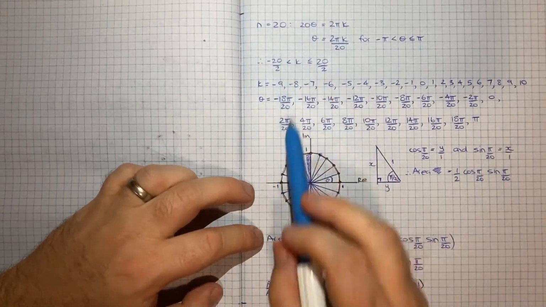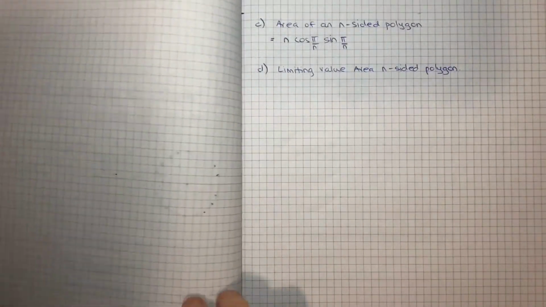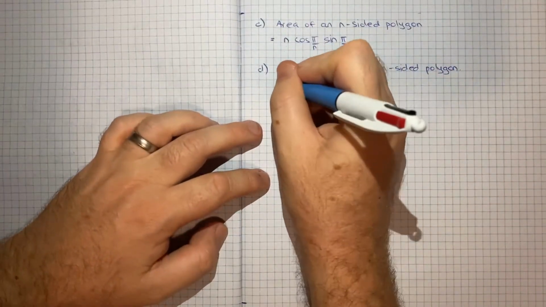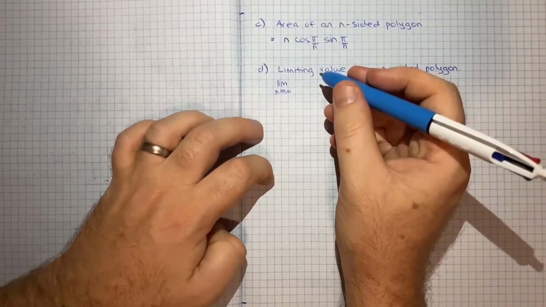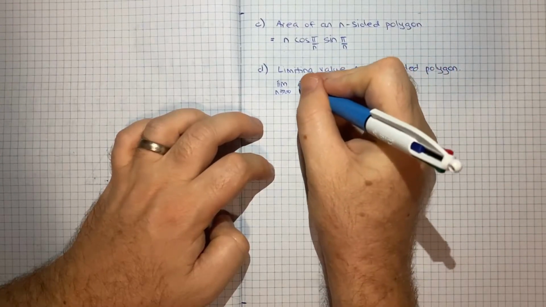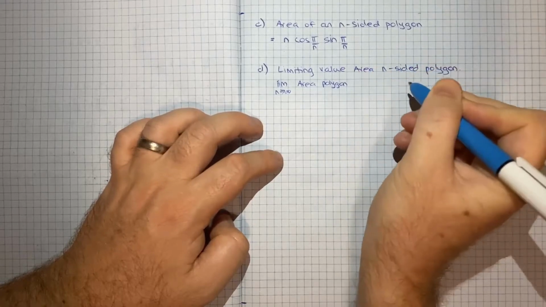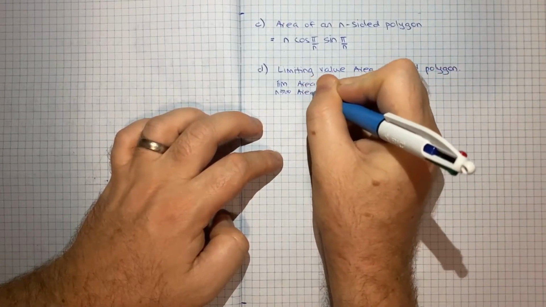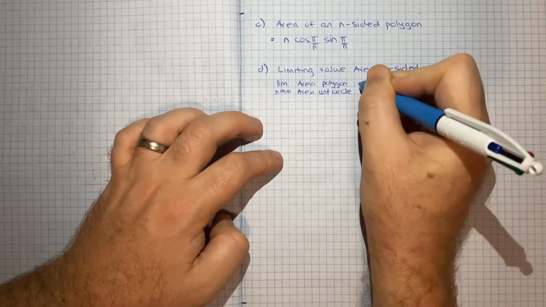As n gets bigger and bigger, we get closer and closer to 1. So what we can say here is that the limit, as n goes to infinity, of the area of this n-sided polygon, divided by the area of the unit circle, is equal to 1.